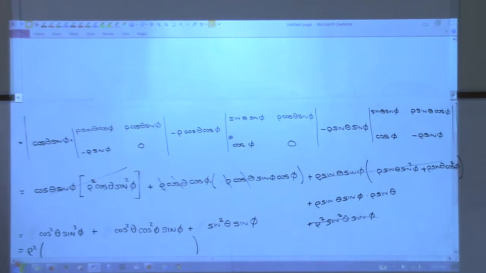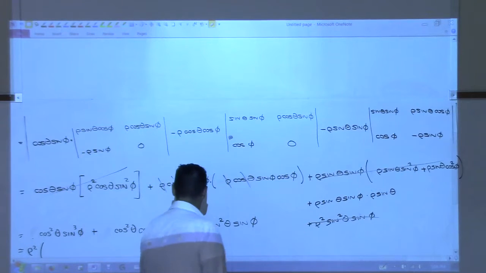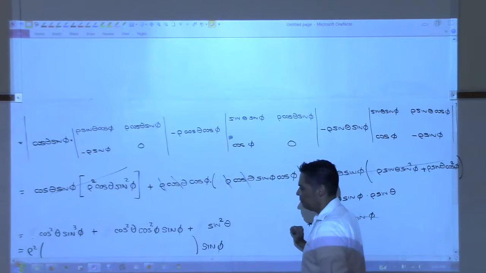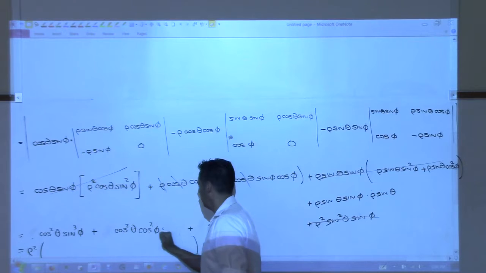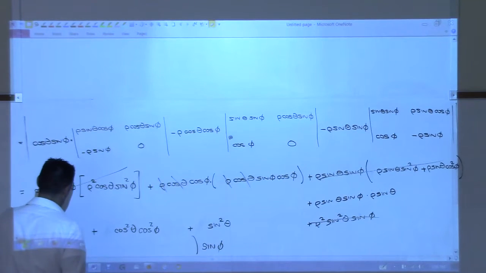Do they all have something in common? They all have a sine phi, right? Let me pull that out. I'm going to put it back here because I don't have room up front. Sine phi comes out, then this is gone, right? That's gone. And this is now squared.